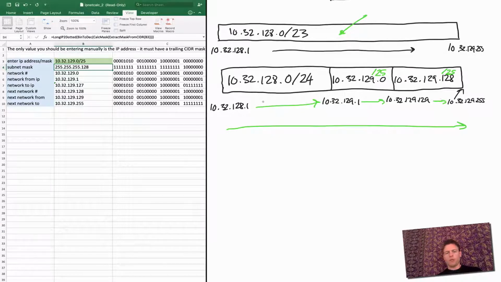But you can see the overall range is exactly the same: 10.32.128.1 to 10.32.129.255. Those are the same.